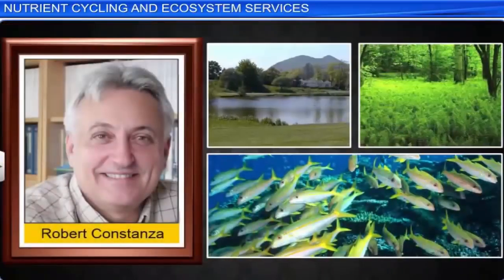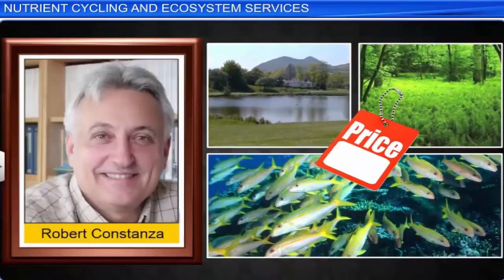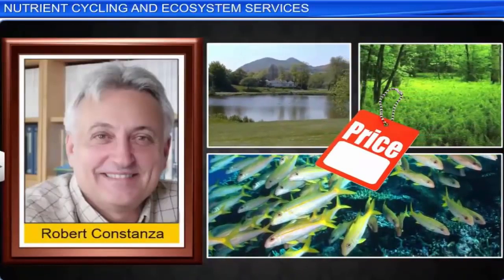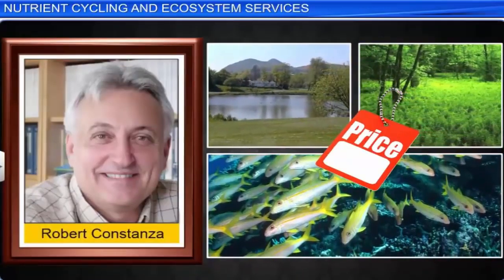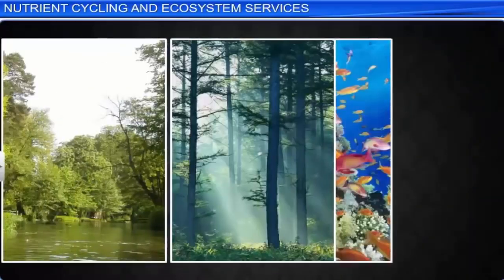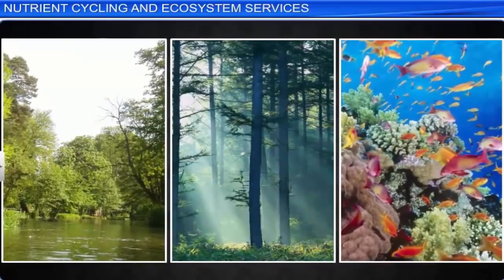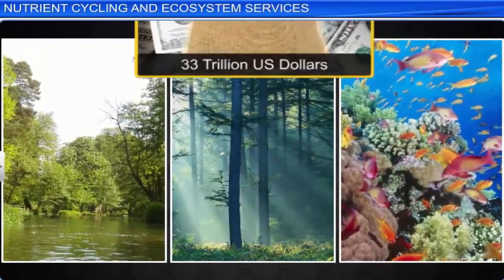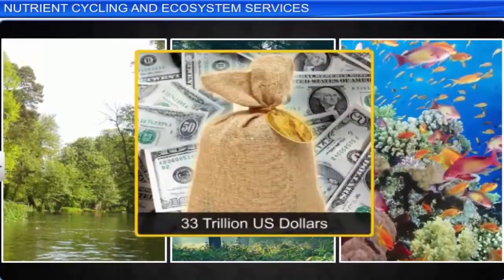But today, researchers like Robert Constanza and his colleagues are trying to assess the value of the different ecosystems, which are otherwise taken for granted as they are available freely. Researchers have found that the value of fundamental ecosystems is an average $33 trillion a year.